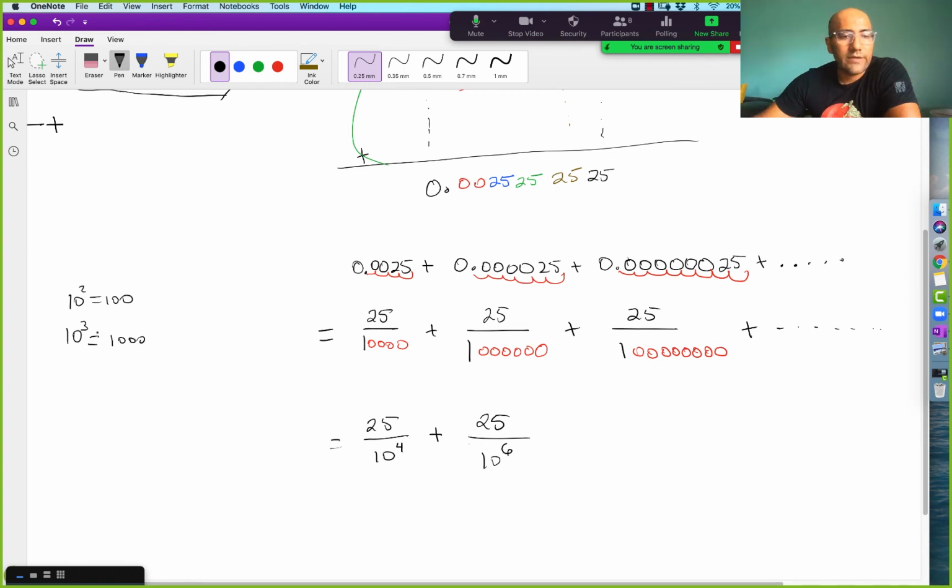So there's a nice little pattern: the number of zeros gives you the power of 10. That's how I can easily tell that 10 to the power of 6 is 1 with 6 zeros. And then the next one is going to be 25 over 10 to the power of 8, and so on, forever.